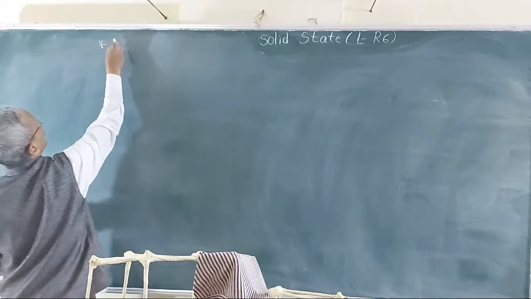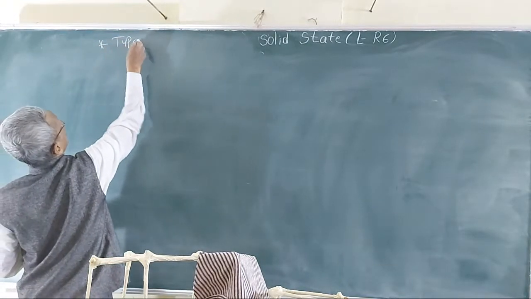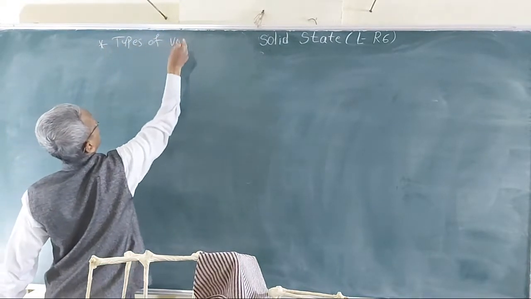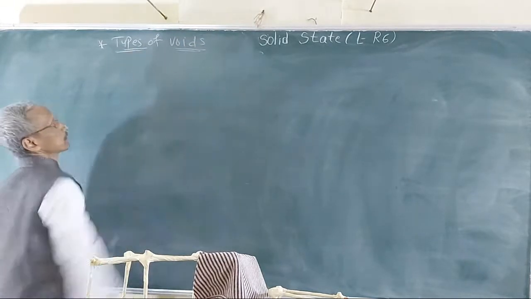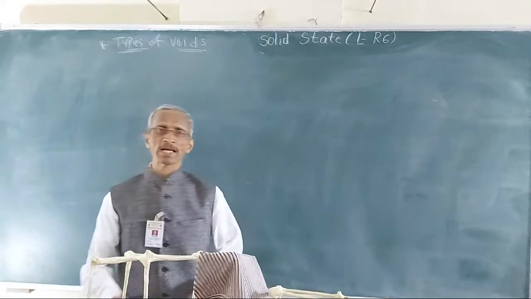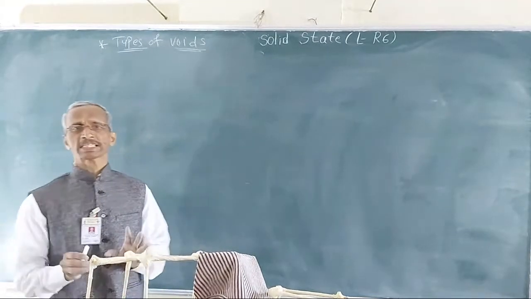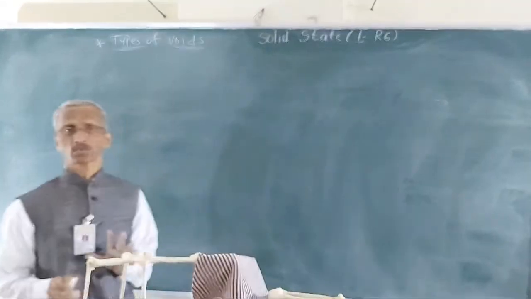Very important types of voids. What are voids? Those are the empty spaces formed because of the spherical shape of the ions when the stacking takes place in crystalline solids.